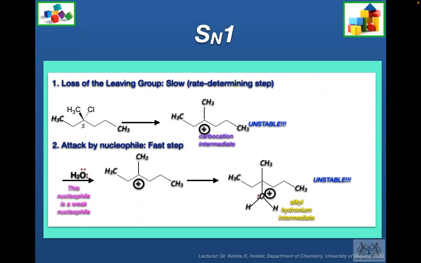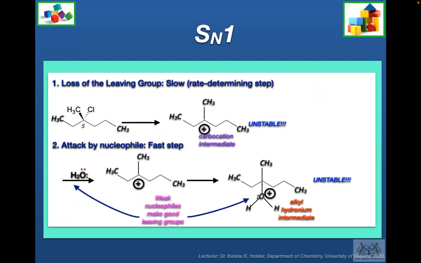And so, of course, the next step would be similar in terms of the acid-base reactivity that we are familiar with. We know water has the capacity to act as an acid as well as a base.